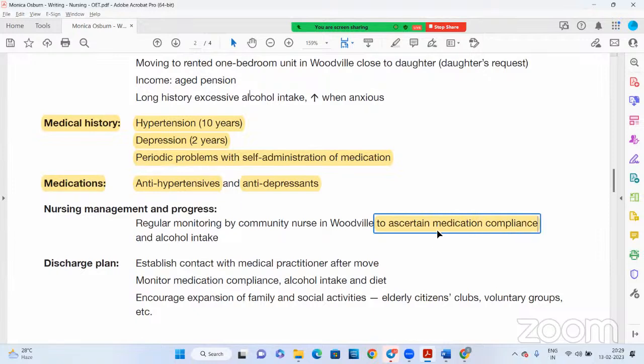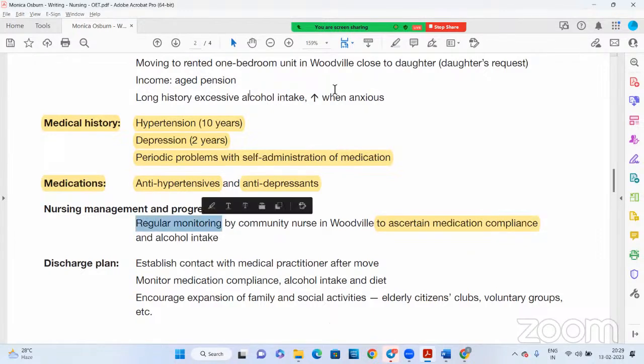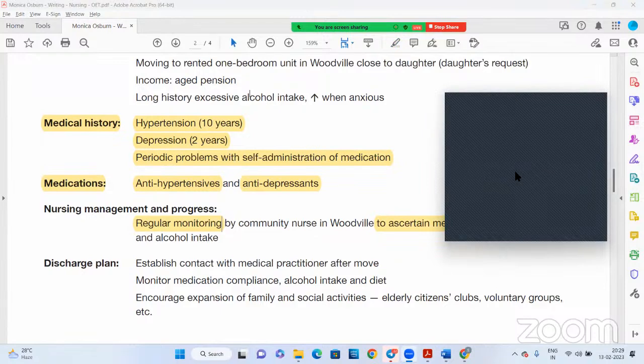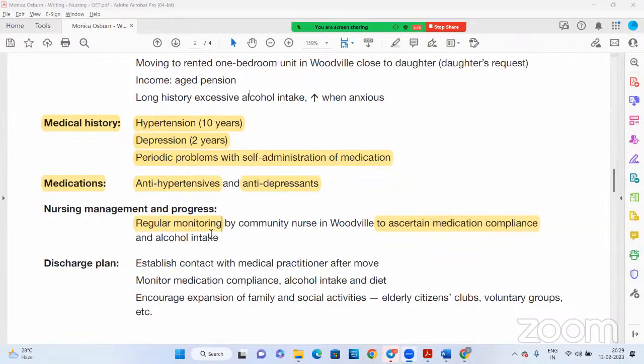Regular monitoring of medication compliance is required here. See how I am collecting the information. Very good, Harjinder Kaur, you are attending the session. Regular monitoring of medication compliance.